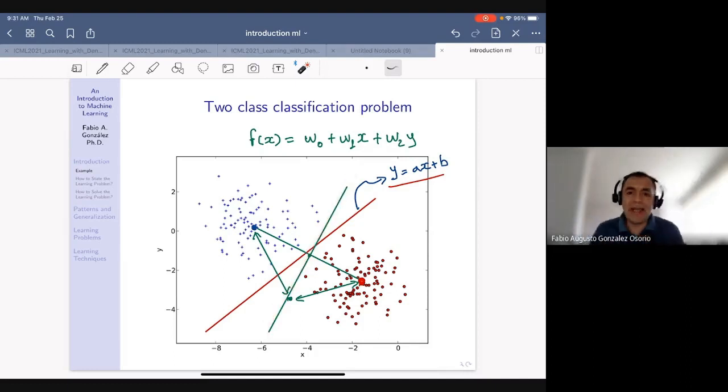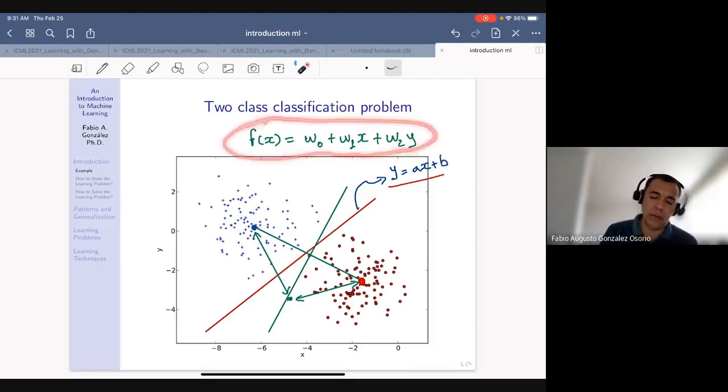So let's go back to our previous formulation based on trying to find these parameters. Something which probably is not clear, and I want to ask you, is this formulation.